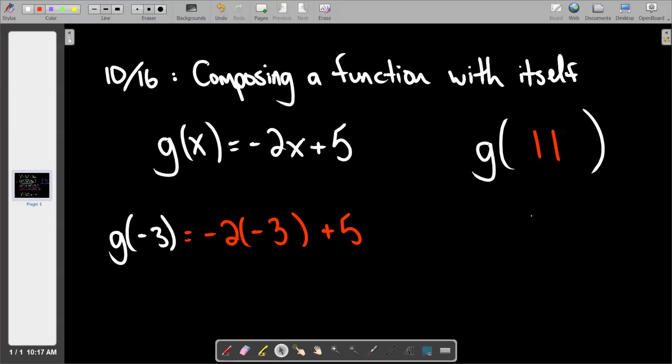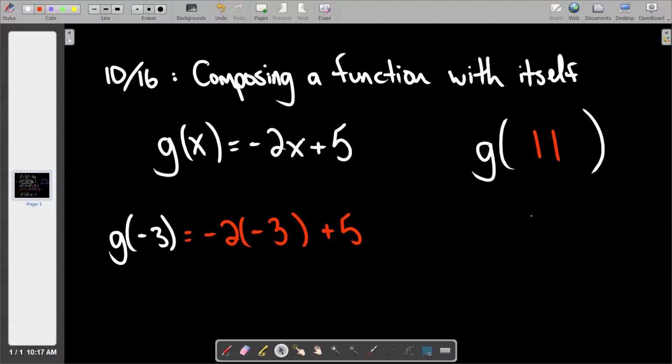You can compose a function with itself. You could do it multiple times. You could do g of g of g of g of 2, and you just keep cycling through: put it in, get an answer, put that answer back in, get another answer, and reiterate this process as many times as you want.